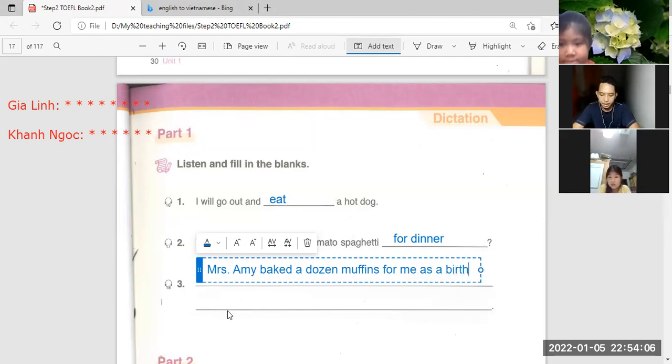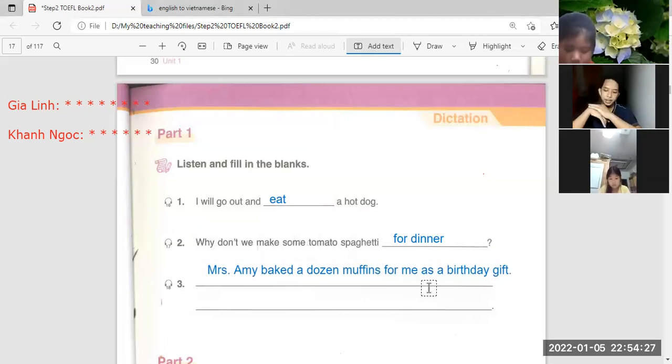Okay, as a birthday gift. Okay. So listen again. Number 3. Mrs. Amy baked a dozen muffins for me as a birthday gift. All right. So Mrs. Amy baked a dozen muffins for me as a birthday gift.